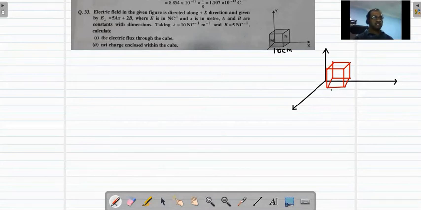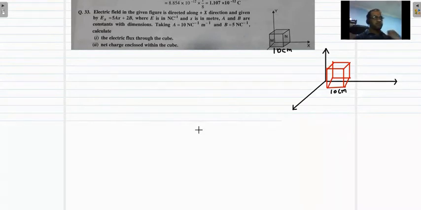Means this side is 10 centimeter. Okay, done? Yes, sir. Now here the electric field is given by this equation.